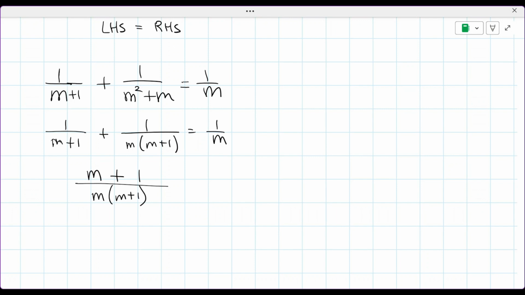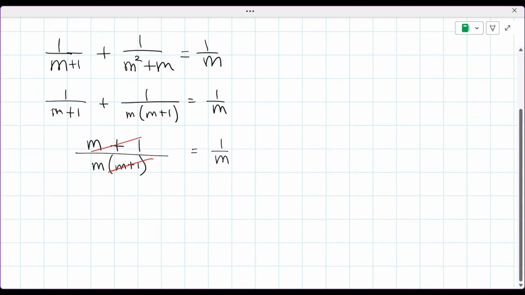Now I think we can easily reduce the m plus 1 on both sides. So it's going to become 1 over m is equal to 1 over m. Yay! Notice that I didn't change the value of the left-hand side. The left-hand side value is always kept the same, except we only change the look of it.